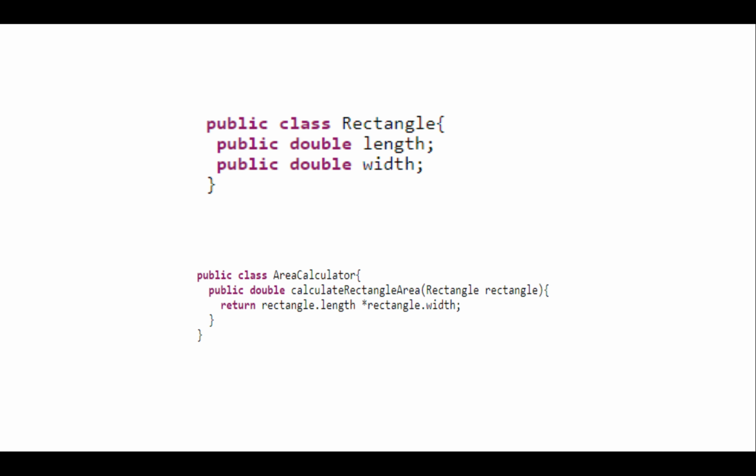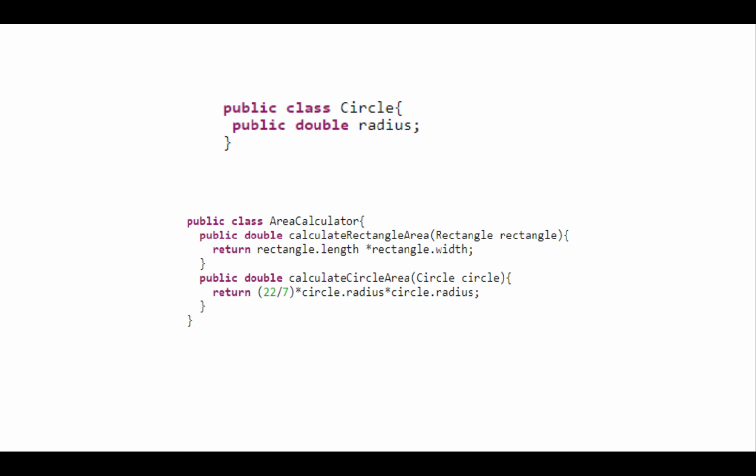So in our case, the area for a rectangle. So far this design is good. Now let's consider I have added one more class, a circle. I will create a class circle, and I have to modify the area calculator utility class, which now will have one more method which will return us the area for the circle.